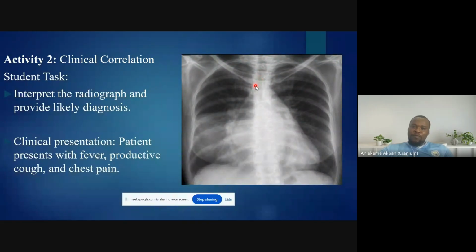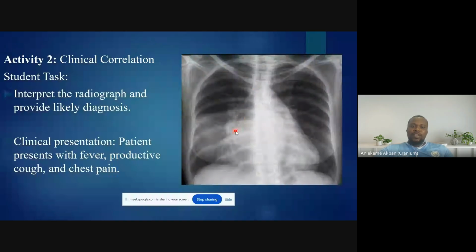It's going all the way down to this area where you have these consolidations. Even though the lungs look so dark, you can see that there are consolidations within this area, and you can see these dark areas coming all the way down to this affected area. This is the bronchogram that we're talking about.